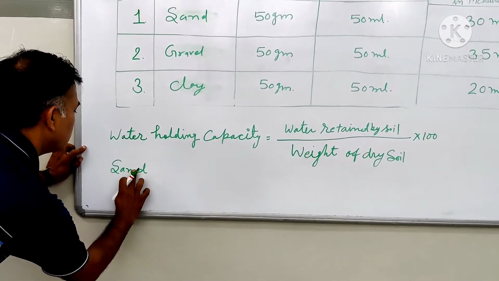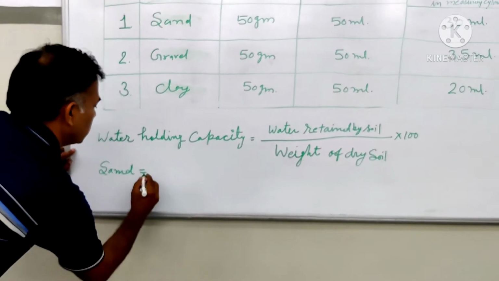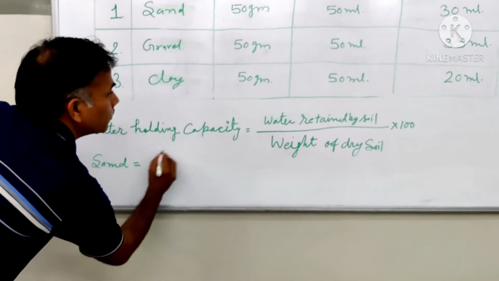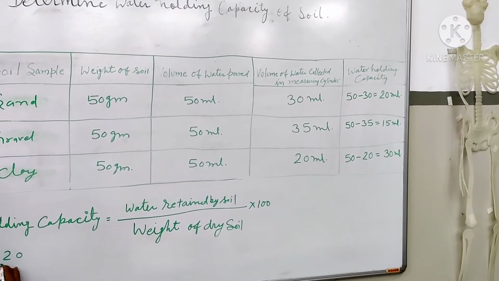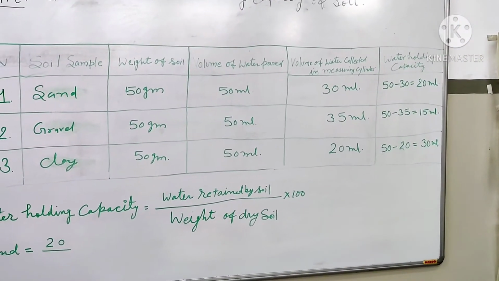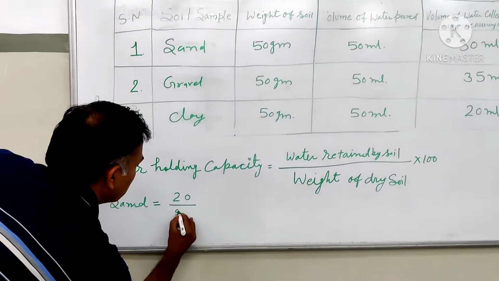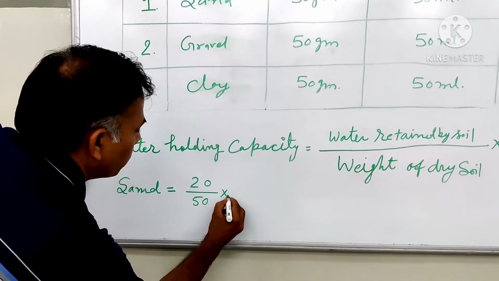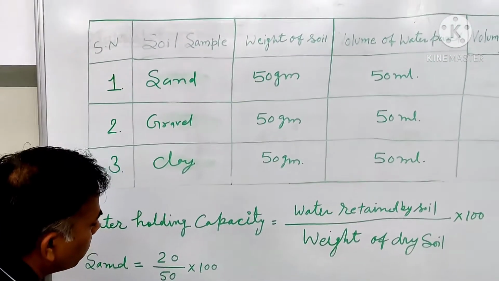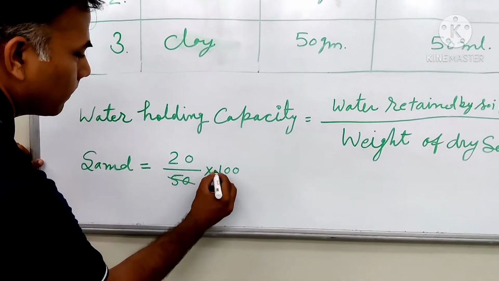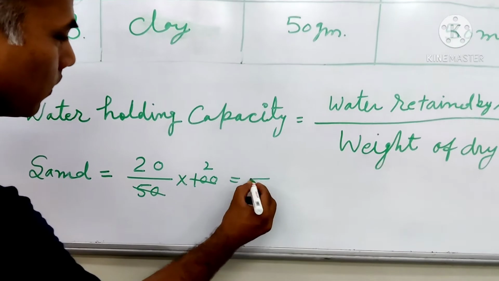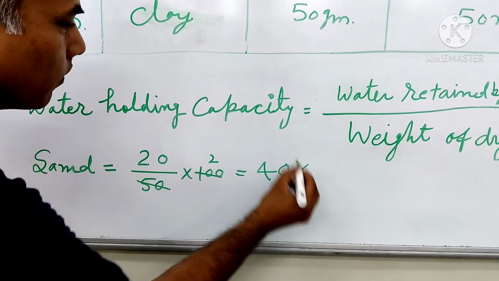So for the sand soil, now Rajesh sir is doing the calculation. Just see. Water retained by soil sample A was 20 ml divided by the weight of the dry soil, that was 50 gram. If you divide it and solve, it is 40%.